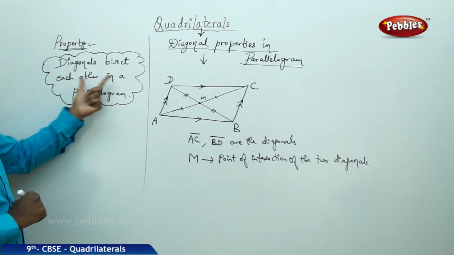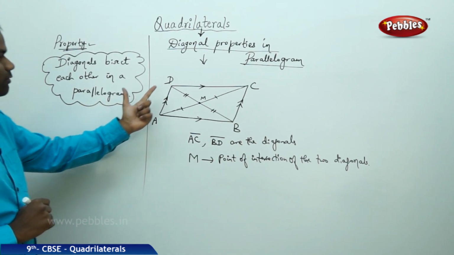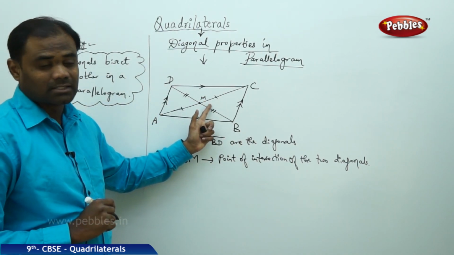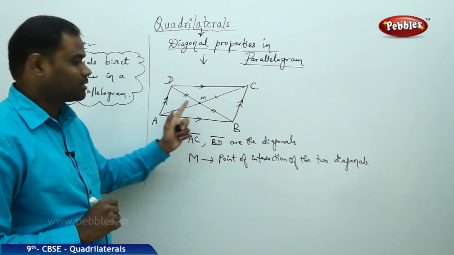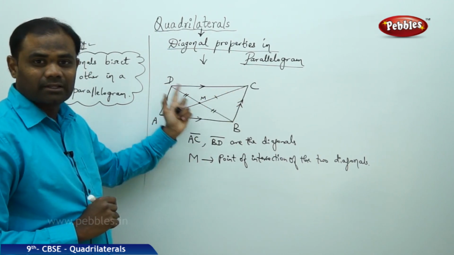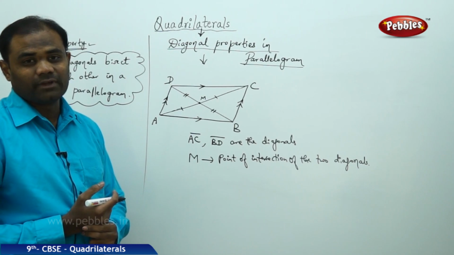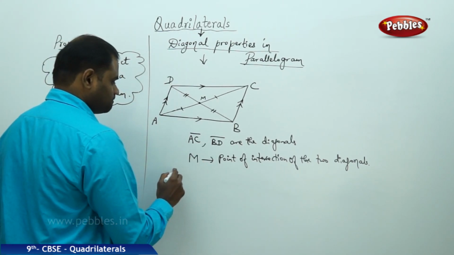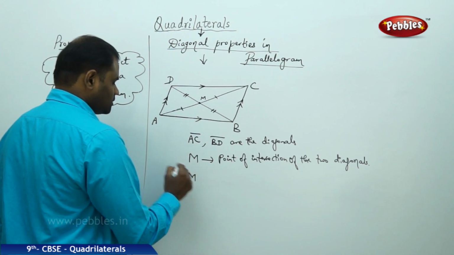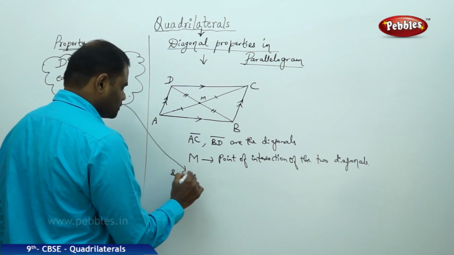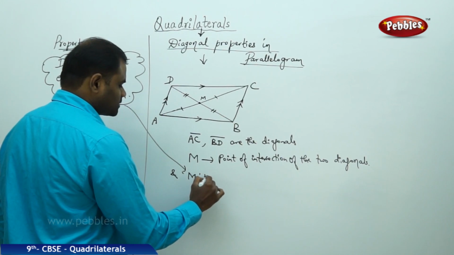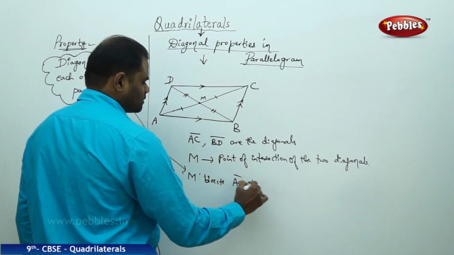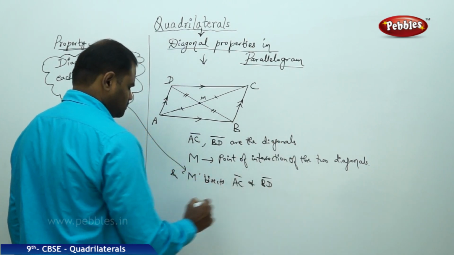Diagonals bisect each other in a parallelogram. Therefore, AC and BD bisect at point M. That is, M is the common midpoint for the diagonal AC and the diagonal BD. That is how we understand the bisection. And using this property, M bisects AC and BD.